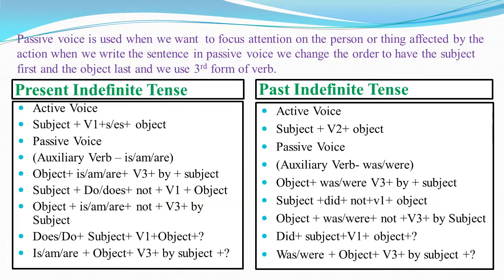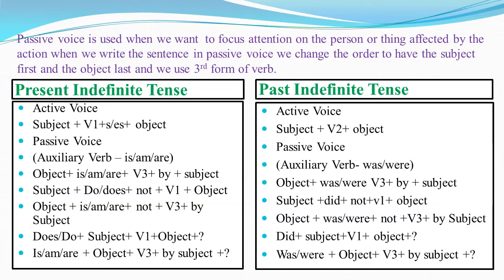For an interrogative sentence, the structure for active sentence is does or do plus subject plus first form of verb and then object and then question mark. And the structure of passive voice of an interrogative sentence of present indefinite tense is: is, am, are first and then object, then third form of verb, and then by and then subject.